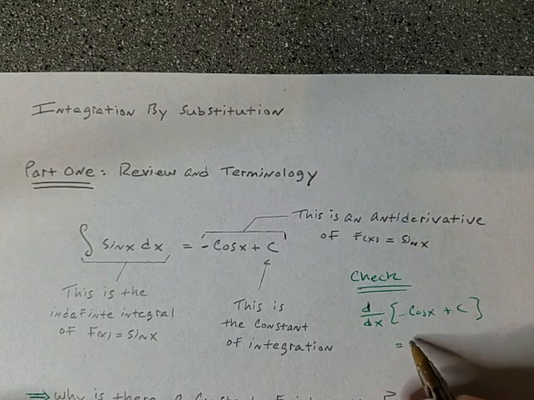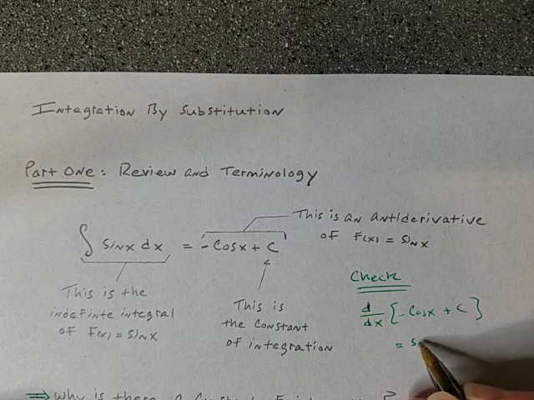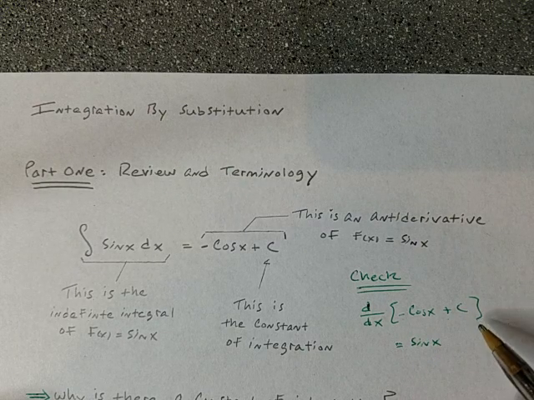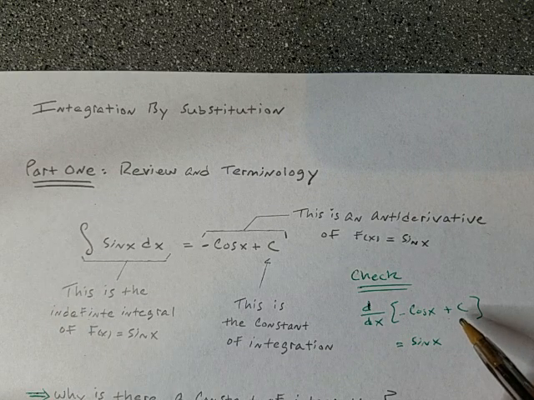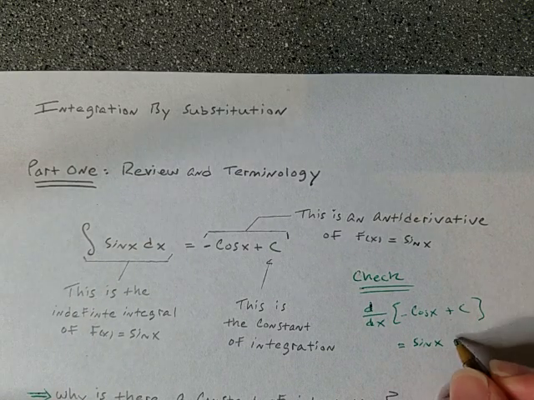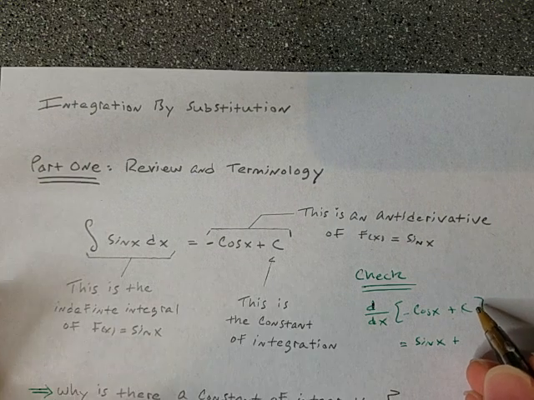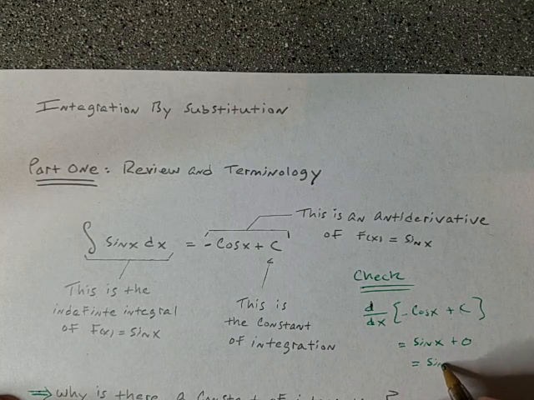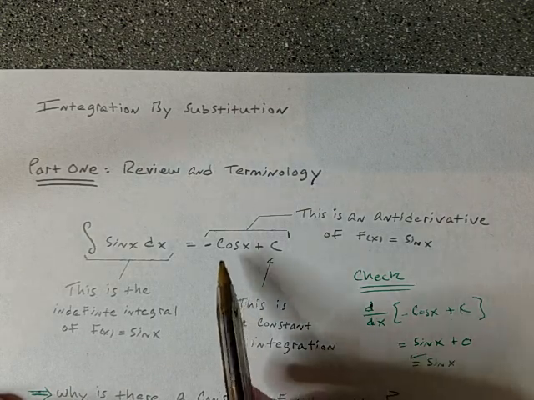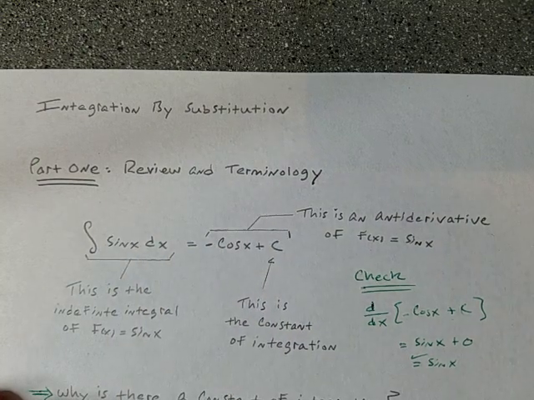If I take the derivative of negative cosine x plus any constant, it will be sine x, right? Because what's the derivative of negative cosine? It's sine. Plus, what's the derivative of this constant? I don't know what that constant is. Doesn't matter. The derivative of a constant is 0. Okay, so it checks out. This is the answer to that, because if I take the derivative of this, I get that.